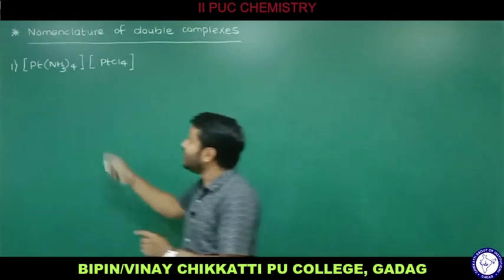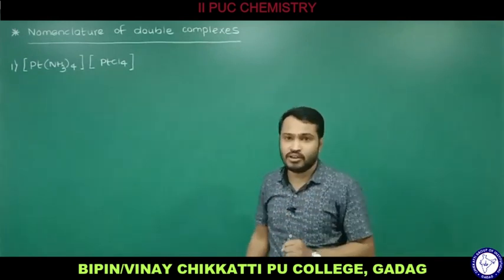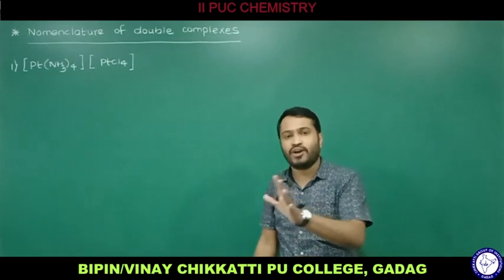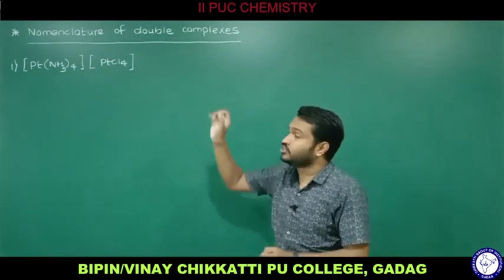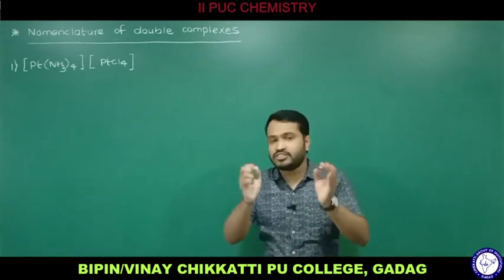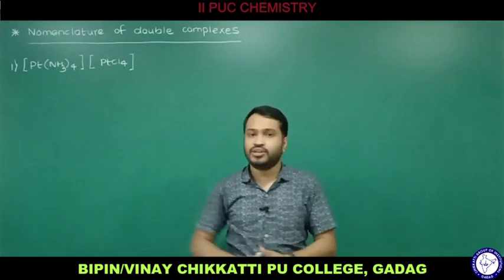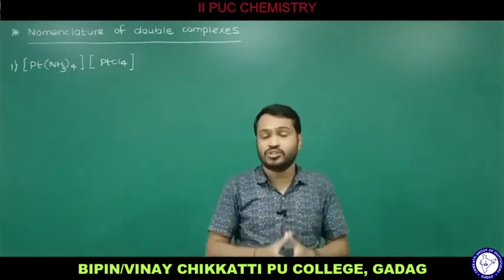While writing the name of the first complex, follow the rules of cationic complexes. While writing the name of the second, follow the rules of anionic complexes. And the very important thing is to find out the oxidation number of the metal. So first I will tell you how to name this particular compound, and initially the oxidation number calculation is very important.